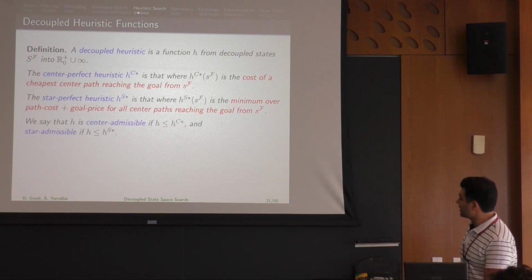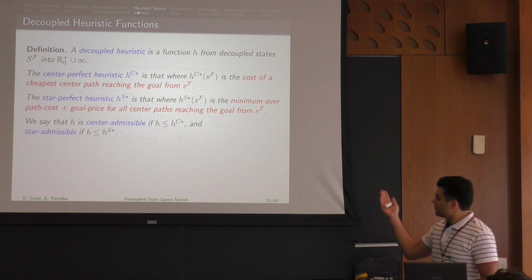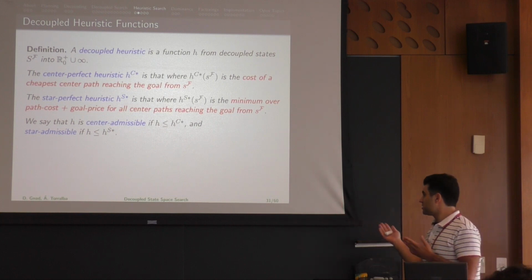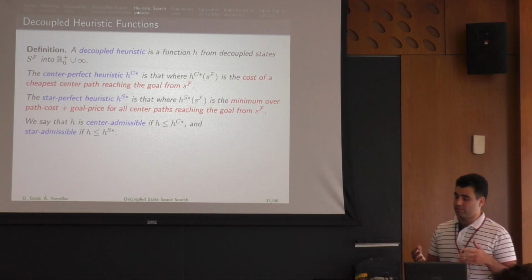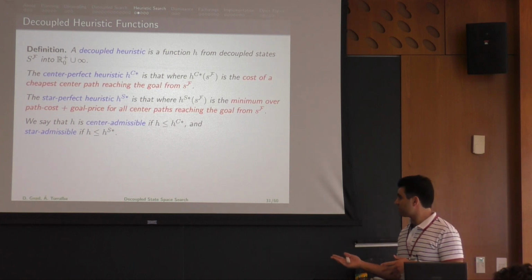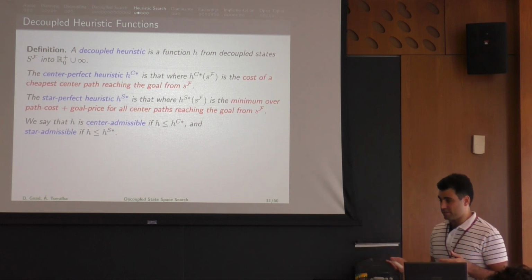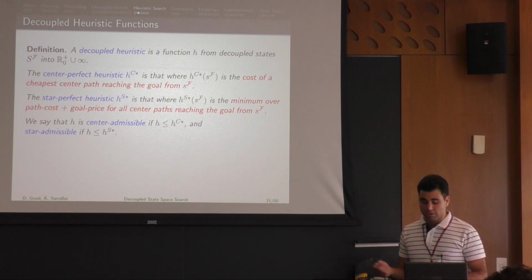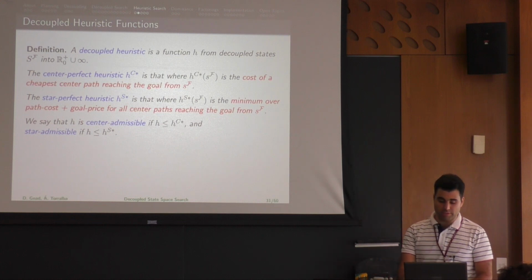We say that a heuristic is center admissible if it's an admissible estimation of the distance only taking into account the center actions, and it's star admissible if it's admissible taking into account also the price of the leaf states.